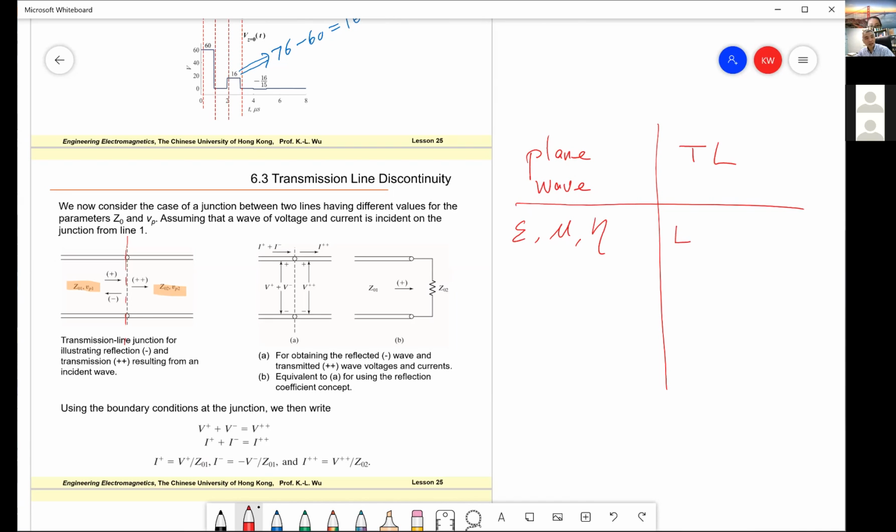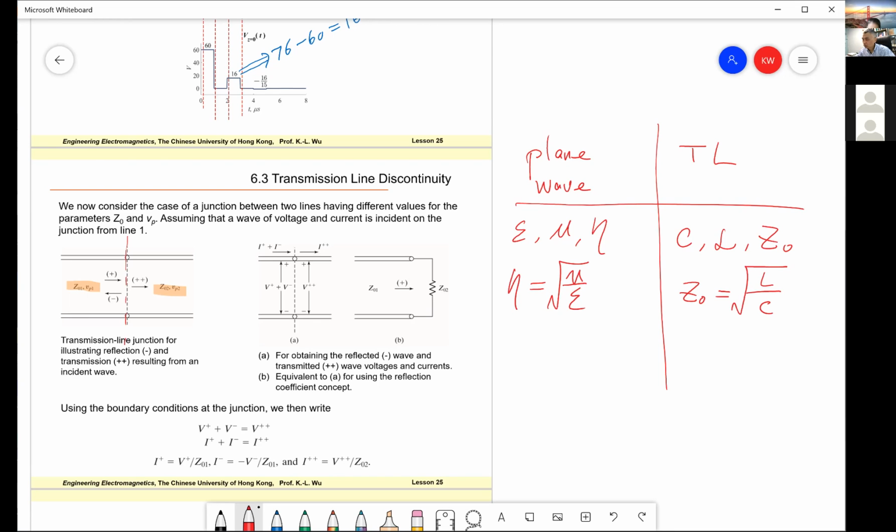We have inductance per unit length, a capacitance per unit length, and we have the characteristic impedance. So eta equals the square root of mu divided by epsilon, and the characteristic impedance equals the square root of L over C, right?